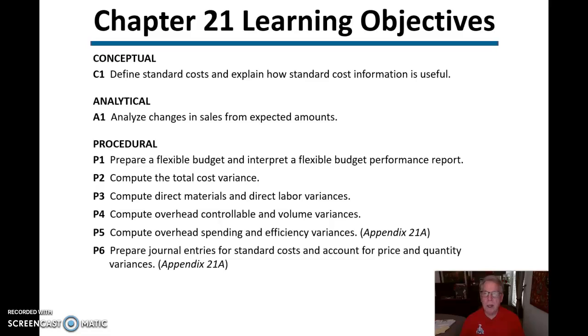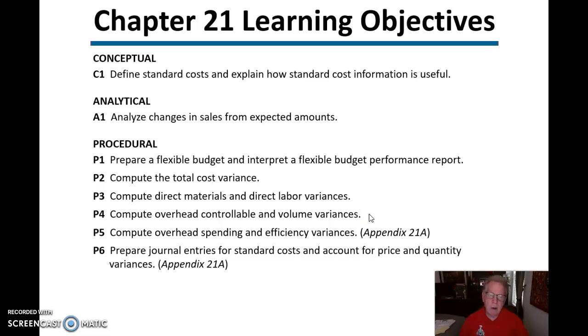All right, so we're going to analyze changes in sales from expected amounts, and we're going to prepare flexible budgets and see what those budgets represent. Then we're going to start looking at total cost variances. And then as we get into it a little bit more, we'll look at direct materials and direct labor variances. We're going to compute the controllable and volume variances for overhead.